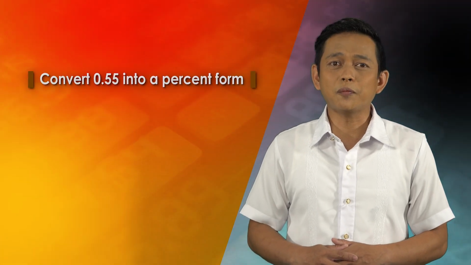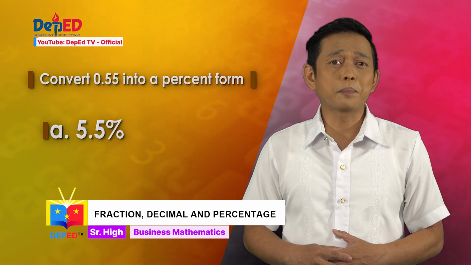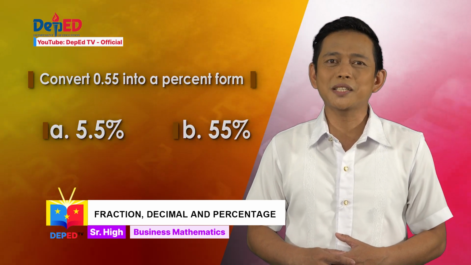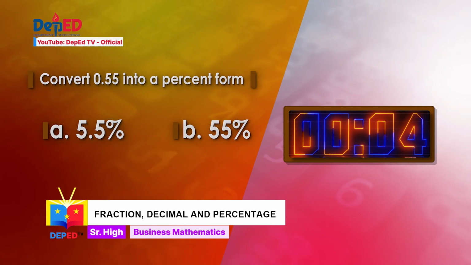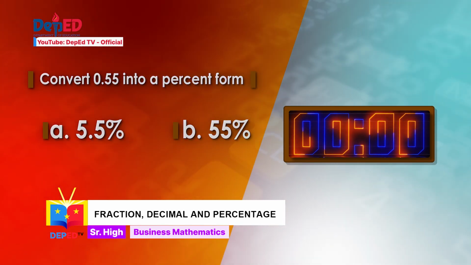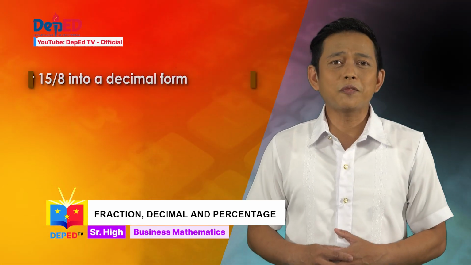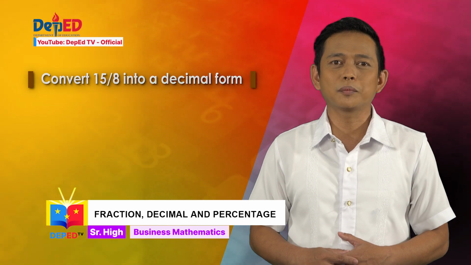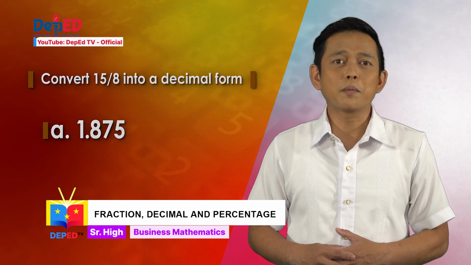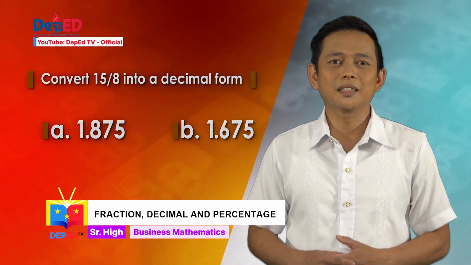Convert 0.55 into a percent form. A, 5.5% or B, 55%. Convert 15 over 8 into a decimal form. A, 1.875 or B, 1.675.